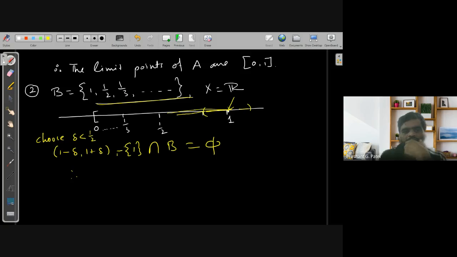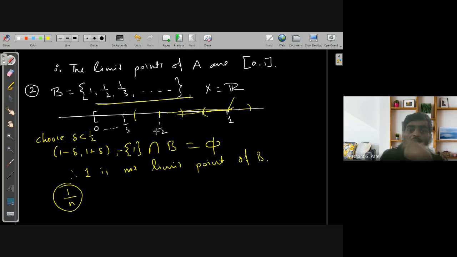So I can say that 1 is not a limit point of B. The same argument can be given for 1 by 2, where your delta should be less than 1 by 3. If we can get such a neighborhood with empty intersection, then it is not a limit point. So any point 1 by n is not a limit point of this set B.